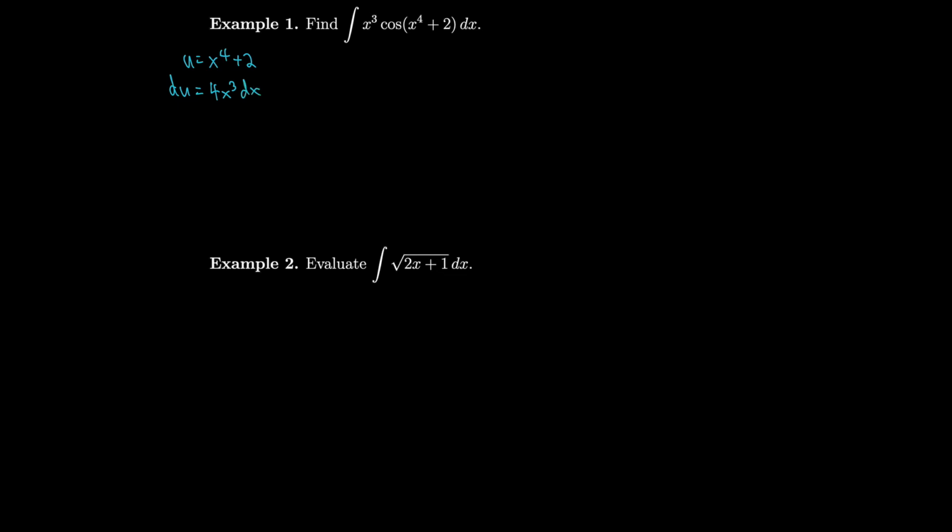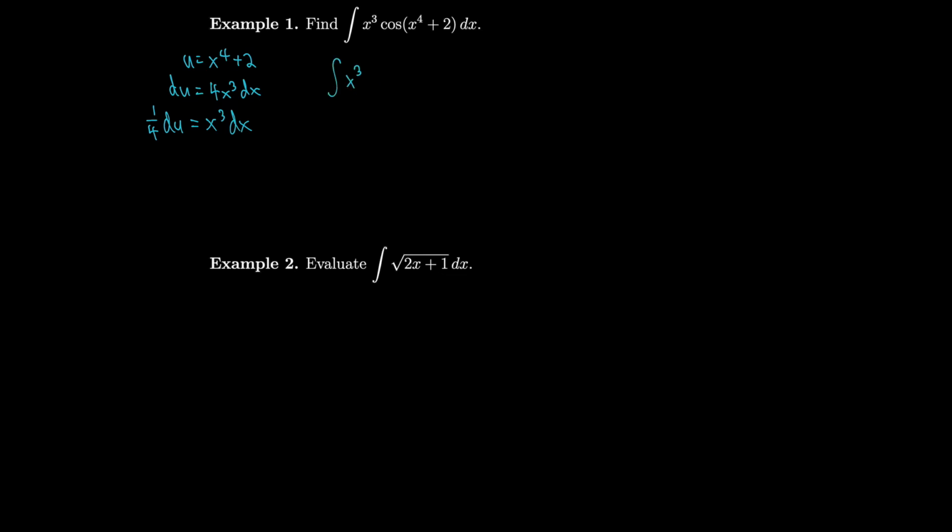So we have an x cubed and a dx in here, but we do not have a 4. So we divide both sides by 4, and we get that 1/4 du is equal to x cubed dx. So now we can replace x cubed dx with the substitution 1/4 du.